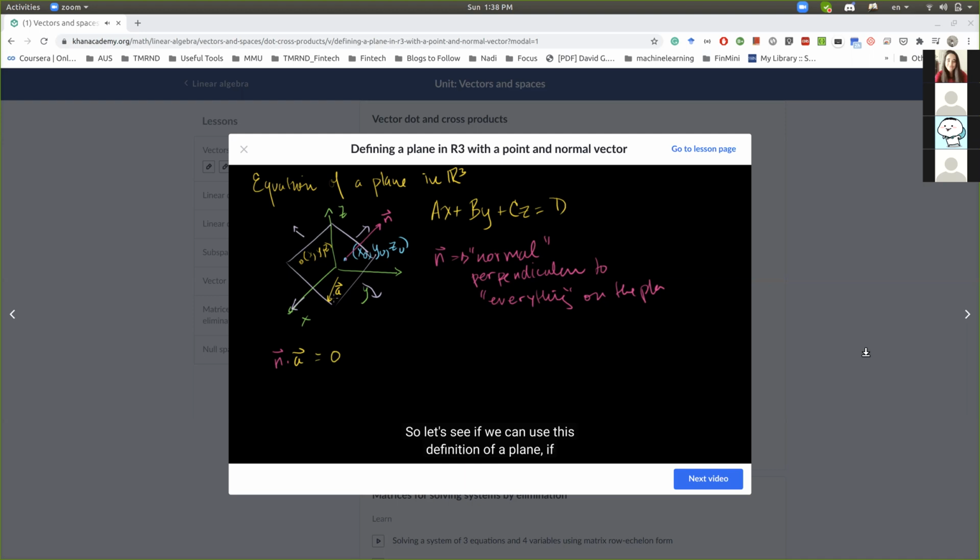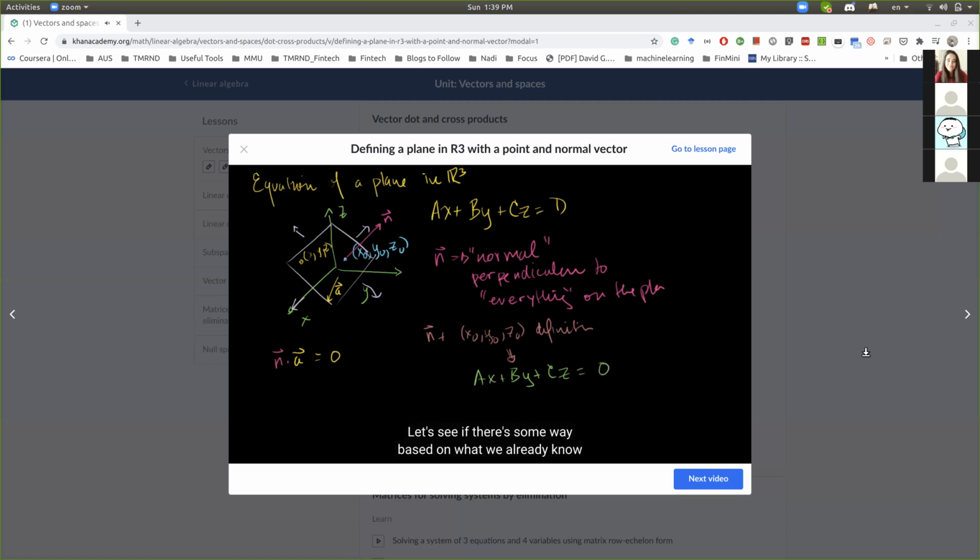So let's see if we can use this definition of a plane, the normal vector plus the point x naught, y naught, z naught definition, and go from that to the standard linear equation definition, ax plus by plus cz is equal to d.